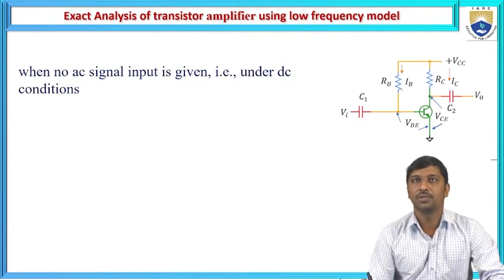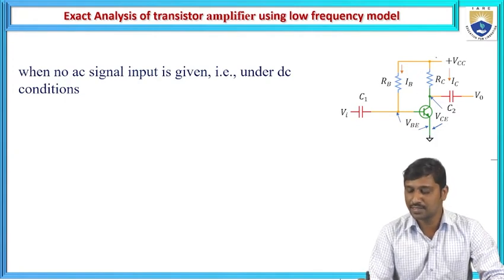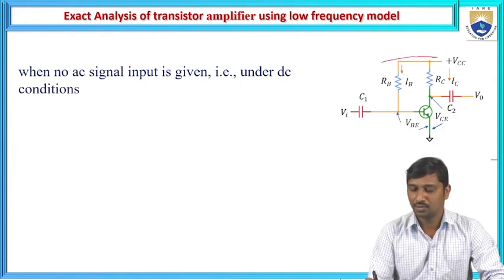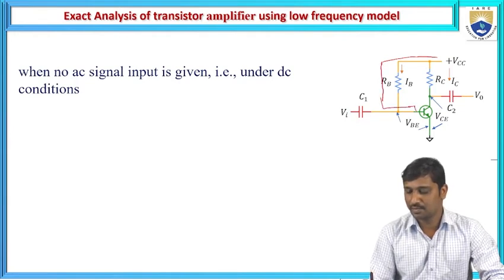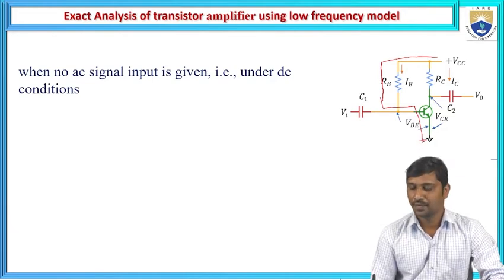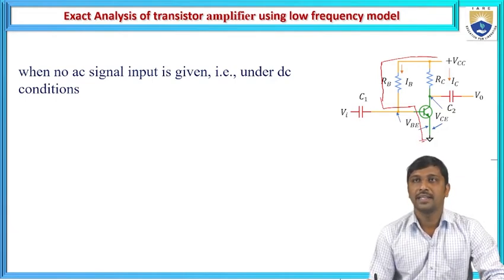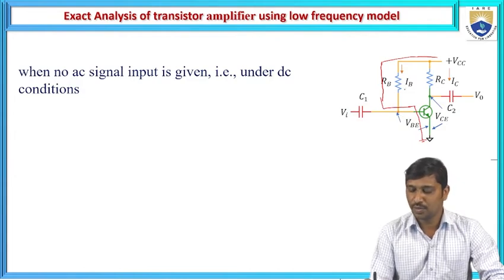If you want to observe how much base current flows in this network, then apply KVL at the input side. The input loop starts from VCC towards the base resistance, towards the base terminal, and from base to emitter, the lower potential.